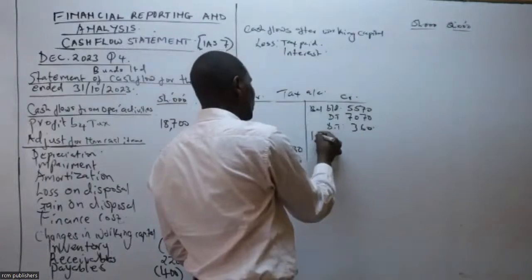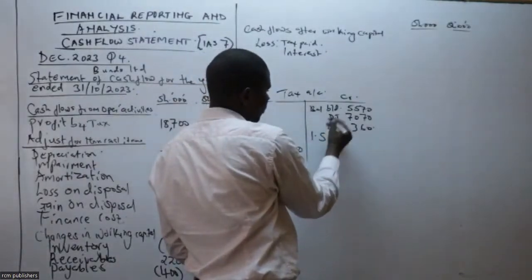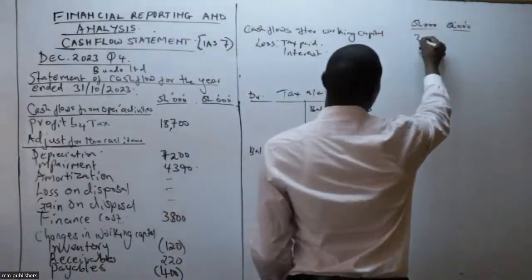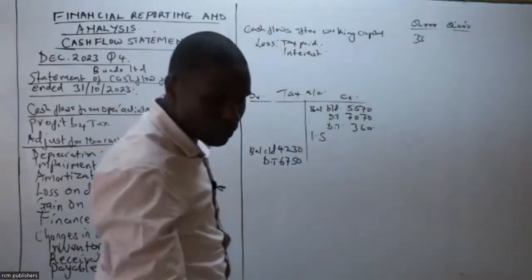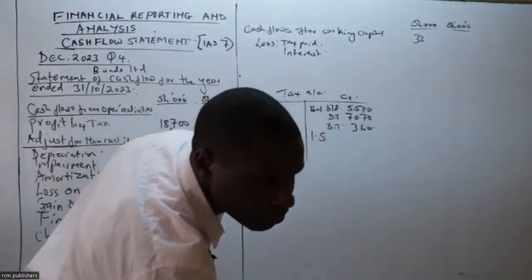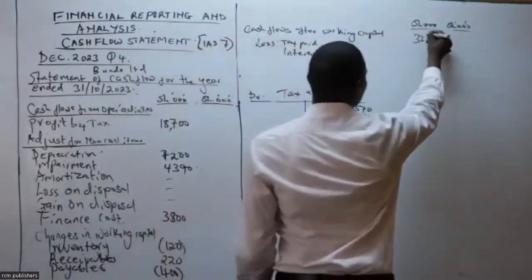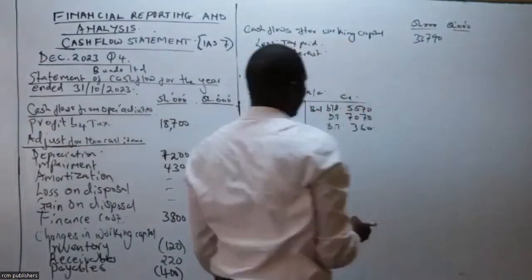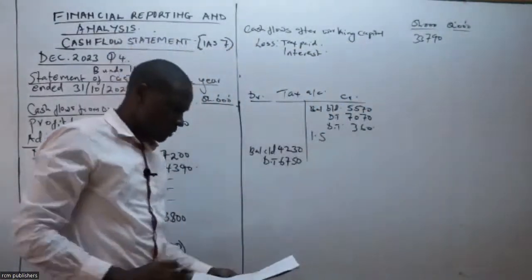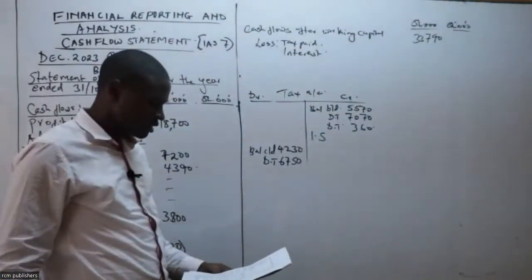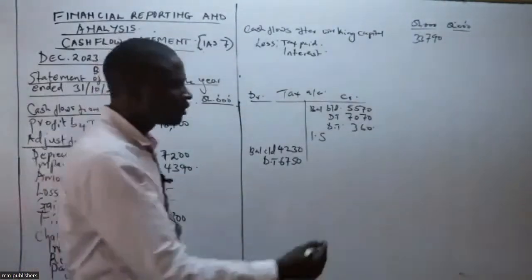And then remember, in the income statement, we had paid tax. People are giving me 33,790. So there was tax that was paid in the income statement. Income tax expense 4830.